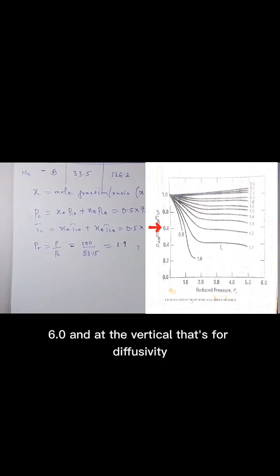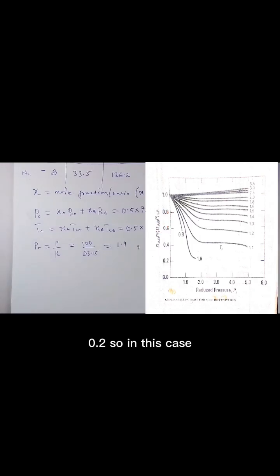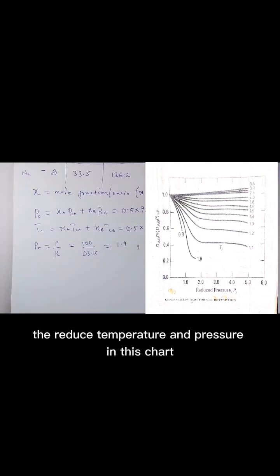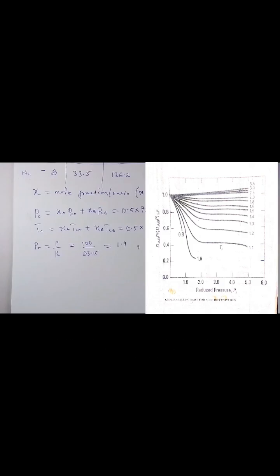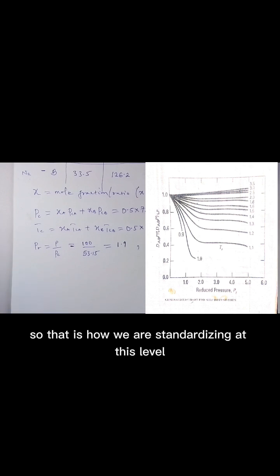At the vertical axis, for diffusivity, we have from 0 towards 1, in steps of 0.2. So in this case, we are going to check the reduced temperature and pressure in this chart, and we'll find the value for diffusivity. That is how we standardize at this pressure of 100 atm.